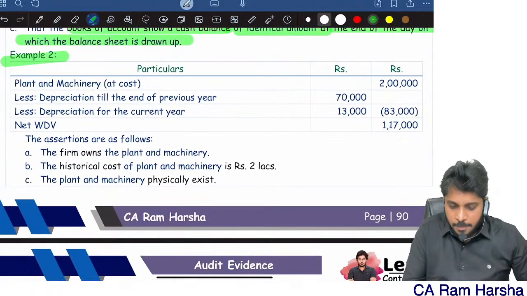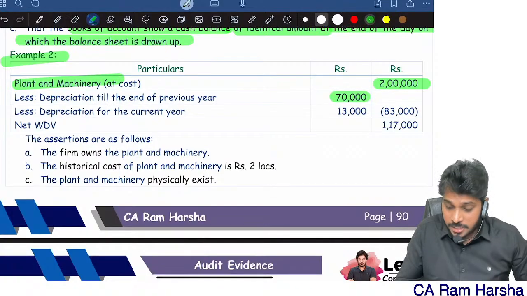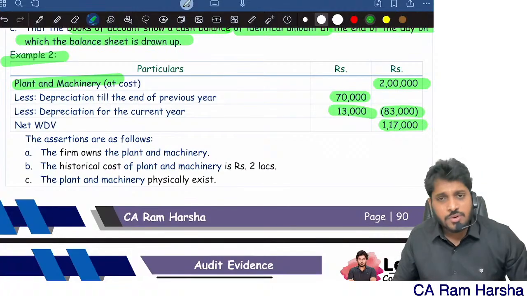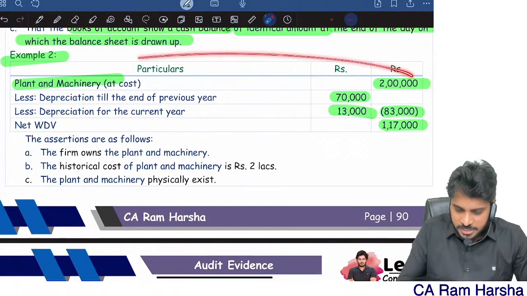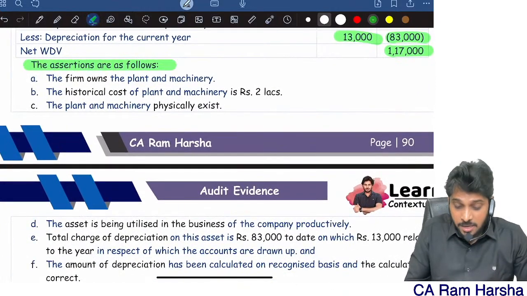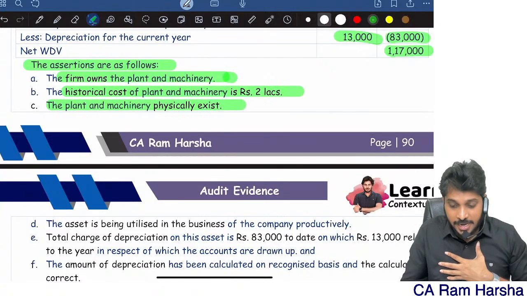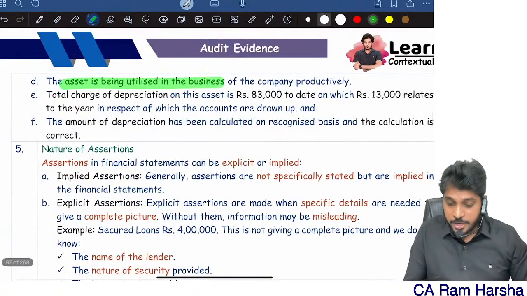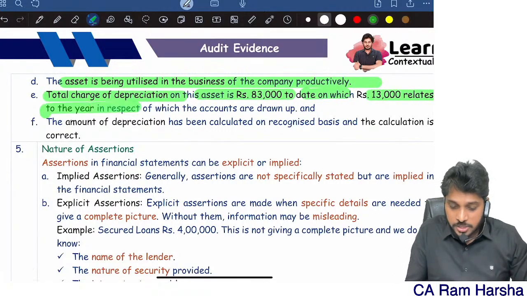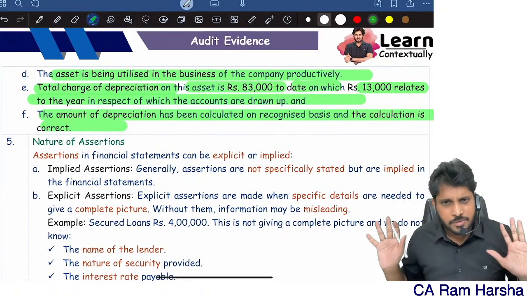Suppose another example: plant and machinery, 2 lakhs is the original cost, accumulated depreciation, current year depreciation this much, total accumulated 83,000, and net book value 1,17,000. So they mention a depreciation schedule like this. What is it asserting? Indirectly they are saying the firm owns plant and machinery, the historical cost is 2 lakhs, the plant and machinery is physically there, the asset is being utilized for business purposes, total depreciation is 83,000 till date, 13,000 belongs to the current year, and the depreciation has been calculated based on some method of depreciation.